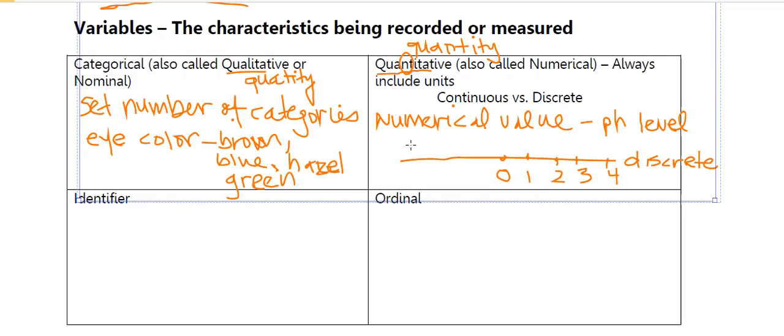Continuous can take every value in the number line. So let's say you're measuring temperature very specifically, and you've got a digital thermometer, so it could be 72.3 degrees, 72.4 degrees, 72.35 degrees. That would be continuous.